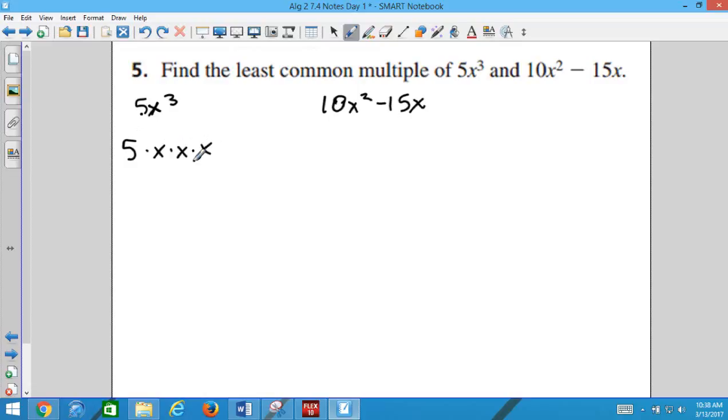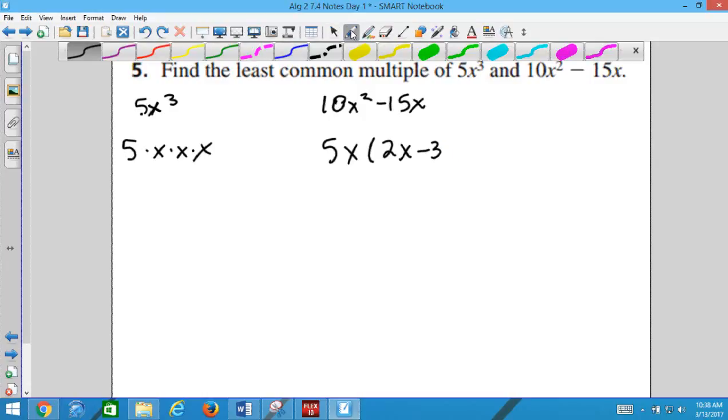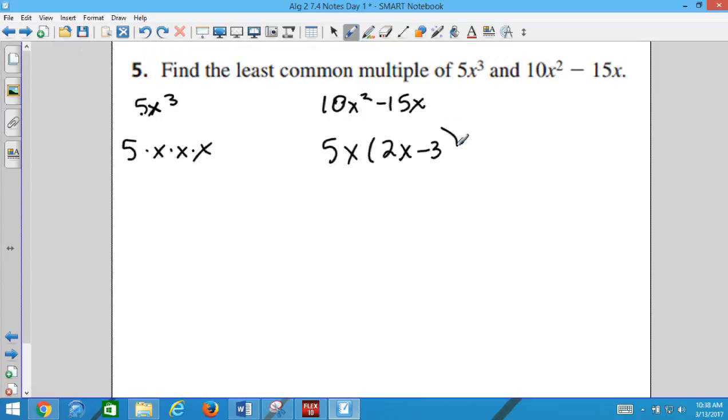How about 10x squared minus 15? What comes out of that? 5, x squared, 2x minus 3. So now, what do they have in common? 5x.